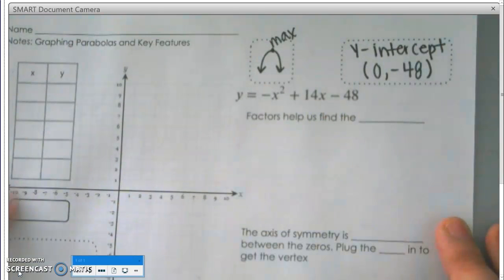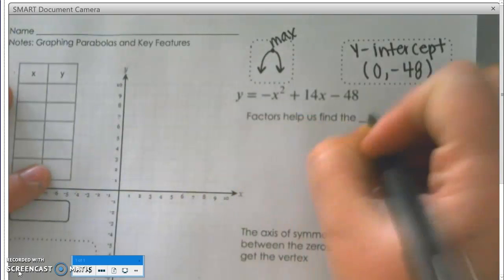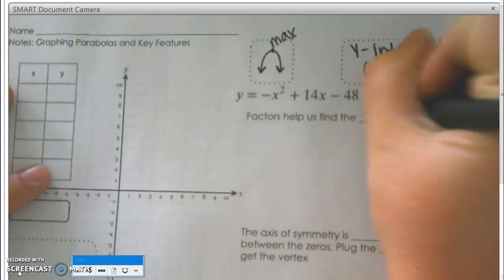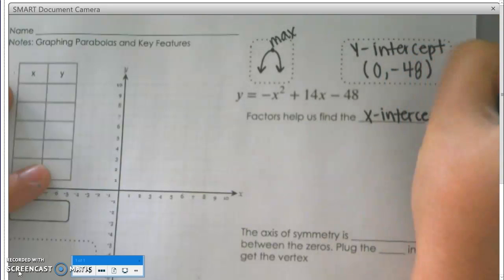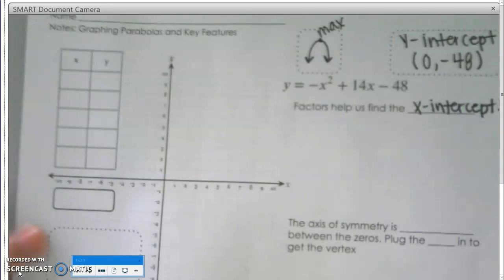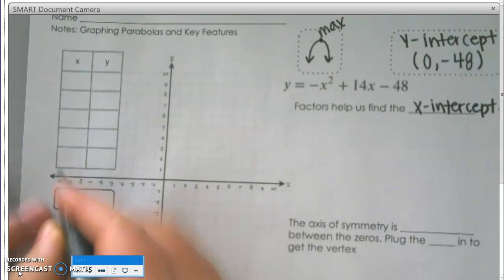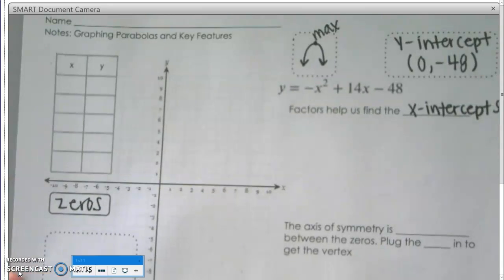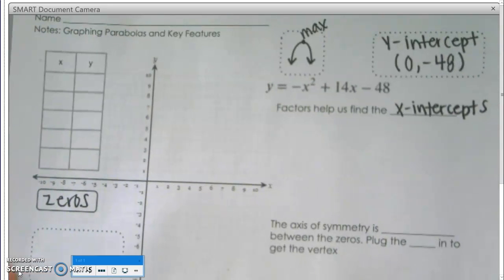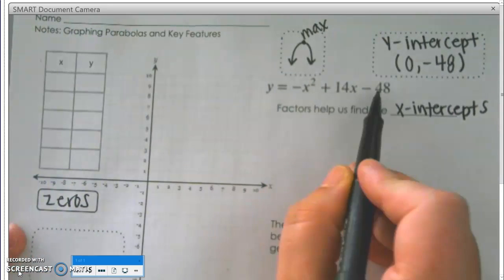All right, I'm going to factor. Factors help us find the x-intercepts. And the x-intercepts are also called the zeros. So I'm going to take this trinomial and I'm going to factor it.